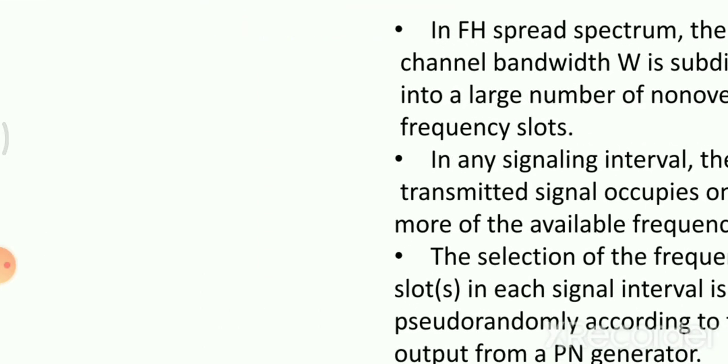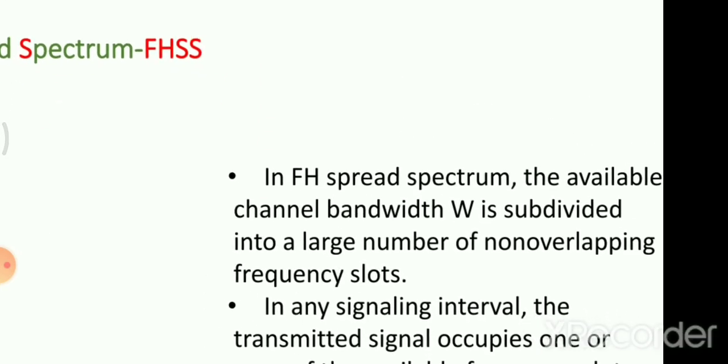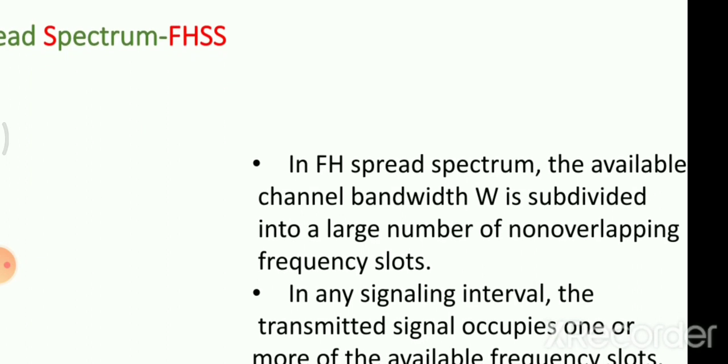In FH spread spectrum, the available channel bandwidth is subdivided into a large number of non-overlapping frequency slots. All the bandwidth and all the time allocated makes a two-dimensional plane, which will be divided into non-overlapping slots.